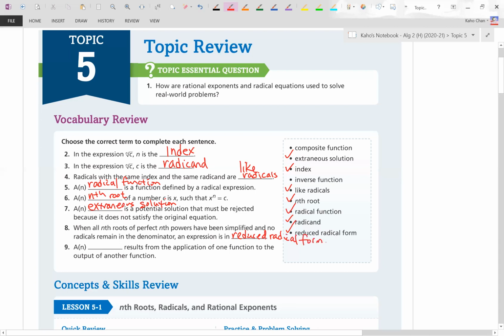Number 9, a blank results from the application of one function to the output of another function. That's called a composite function.